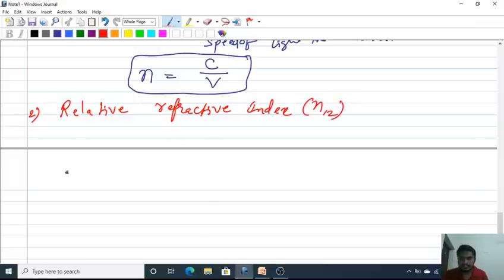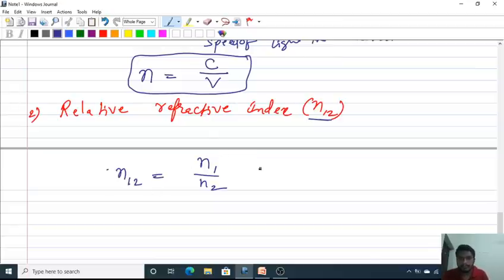The relative refractive index is nothing but the refractive index of one medium with respect to another. Suppose n12 is the refractive index of the first medium with respect to the second medium. It can be written as n1 by n2. This is the relative refractive index.